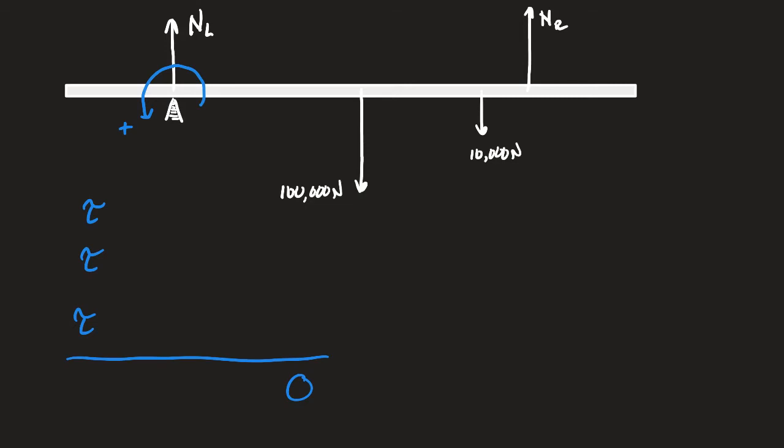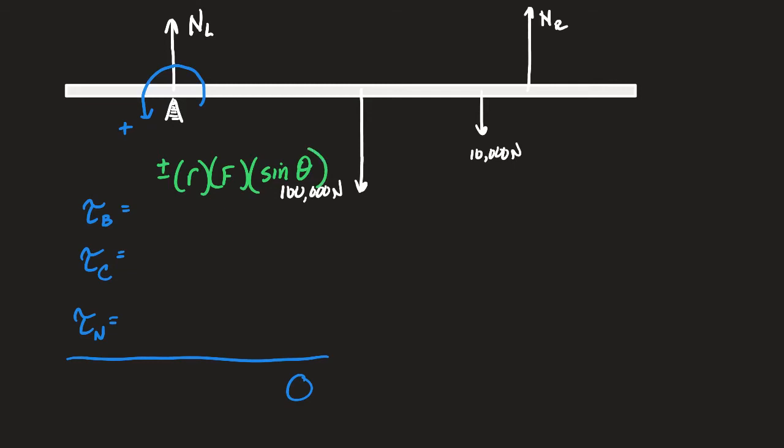Looking at this, there's the torque from the bridge, there's the torque from the car, and there's the torque from the other normal force, the 3 torques that are in this problem. Now, every torque is going to be plus or minus the torque arm length, the force, and the sine of the angle.